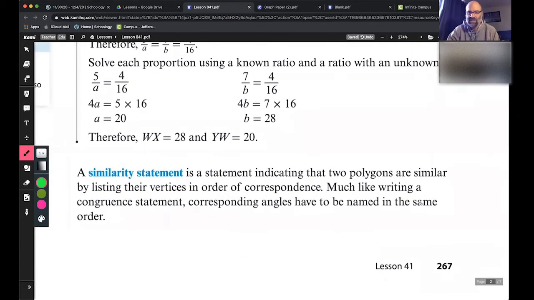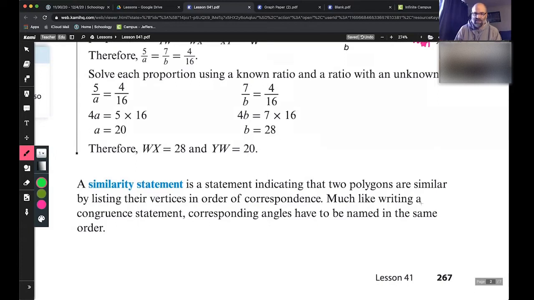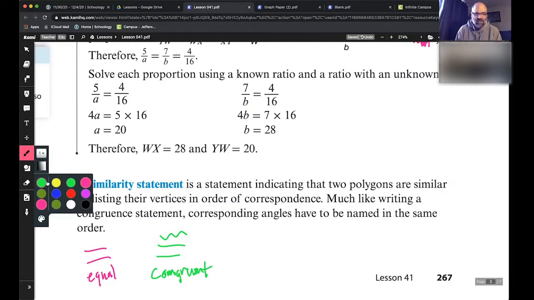Okay, so a similarity statement is a lot like congruence, except it looks a little different. This is the symbol for congruent. This is the symbol for equals, and this is the symbol for similar. Here's what's cool about these symbols.